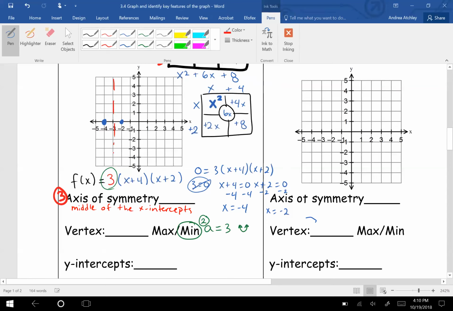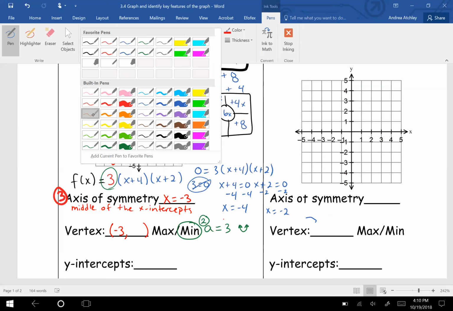So here, the middle is -3. So it's going to be x equals -3. That'll also be the x value of my vertex. Okay, the next thing we need to do is find that vertex. So that's my fourth step.